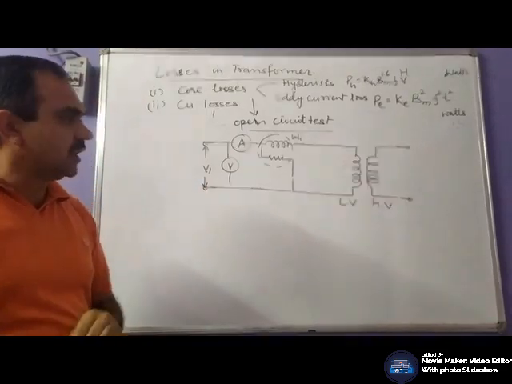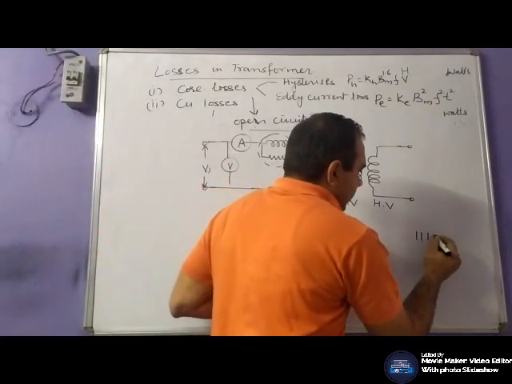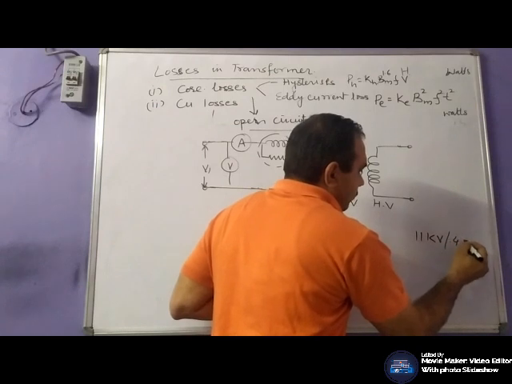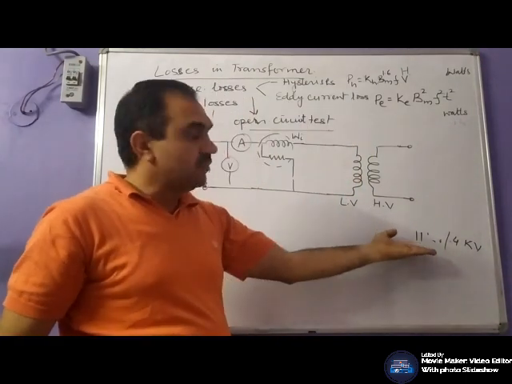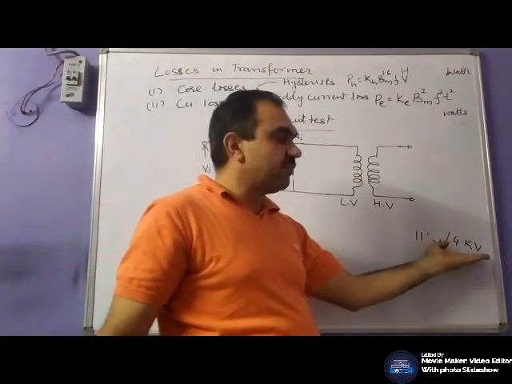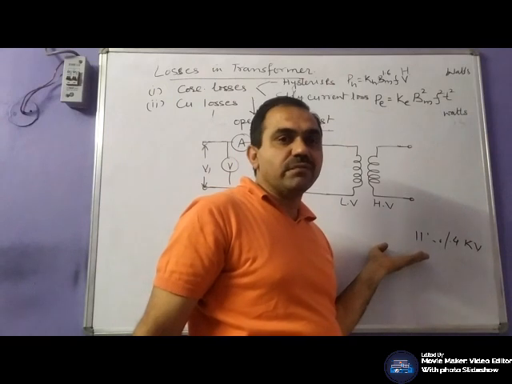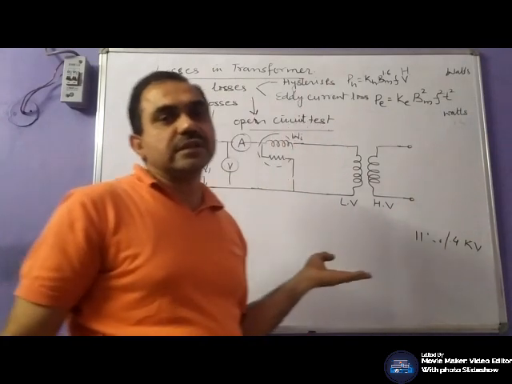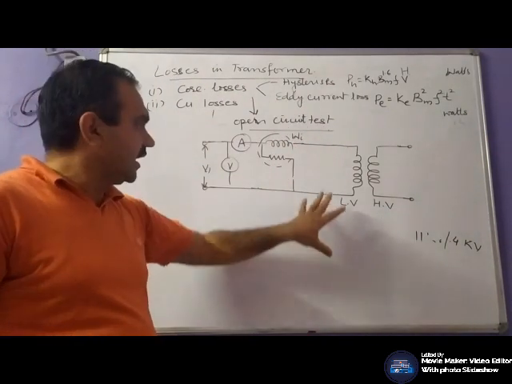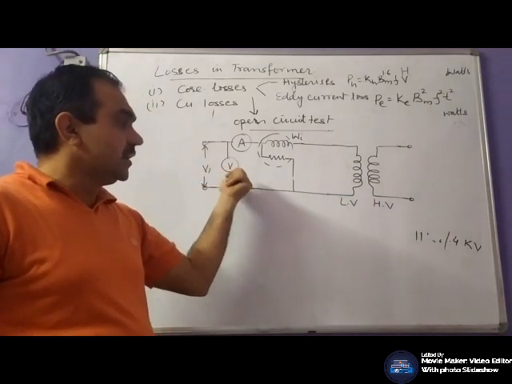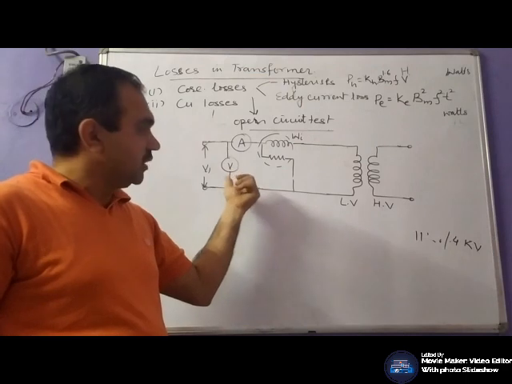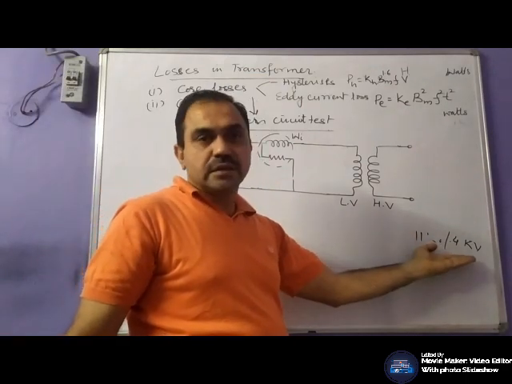For example, you have an 11 kV by 0.4 kV transformer. It will be easier to apply 400 volts in place of 11,000 volts in the testing, because you would require an arrangement to measure a voltage of 11 kV.